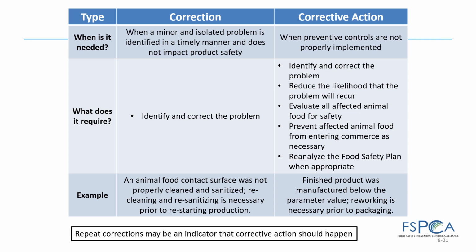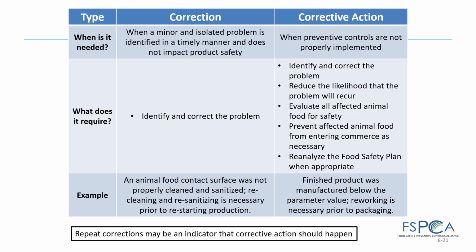Okay, what does this require? For correction, just identifying and correcting the problem, making a little note that it happened and keeping those records. Okay, but with a corrective action, I'm going to identify and correct the problem, reduce the likelihood, evaluate all the affected animal food, prevent it from entering commerce, and reanalyze the food safety plan and document all of those 5 steps.